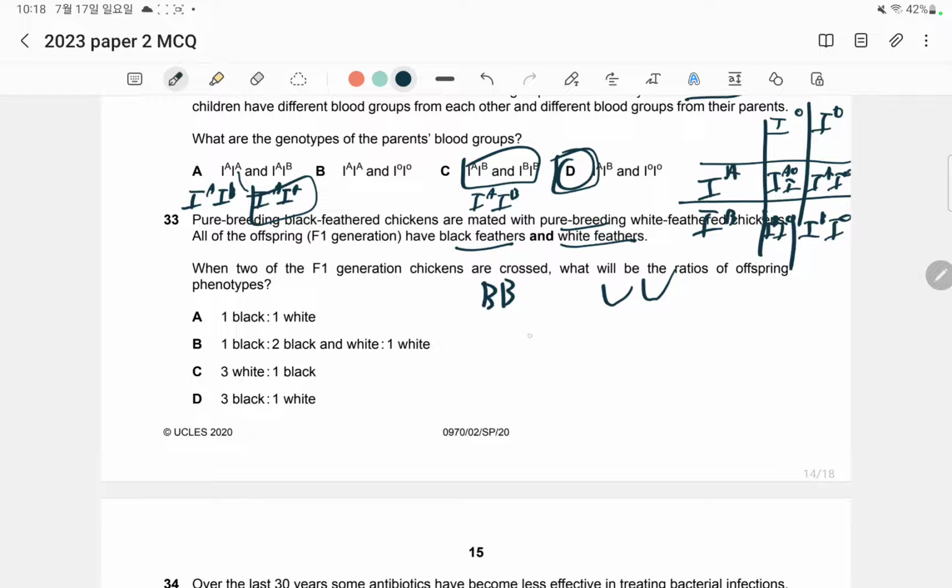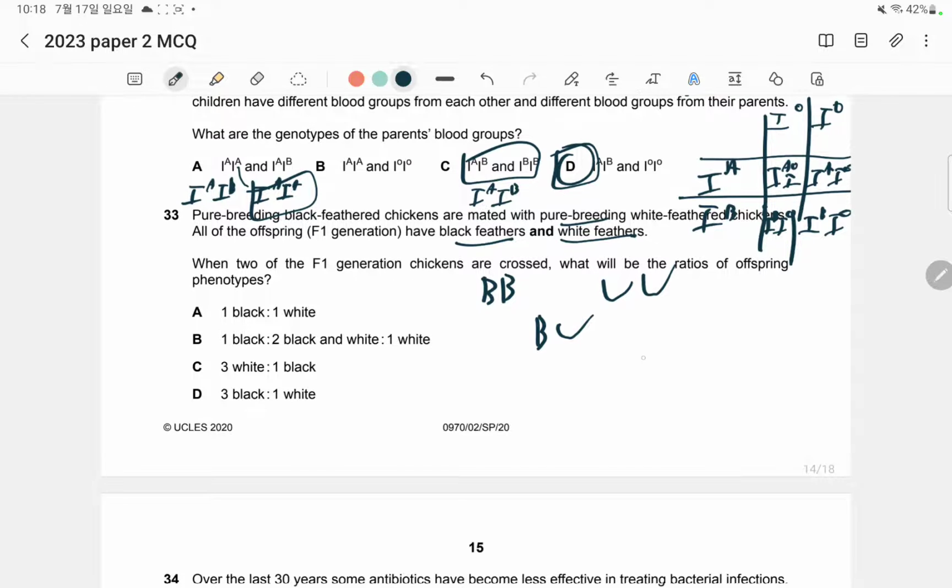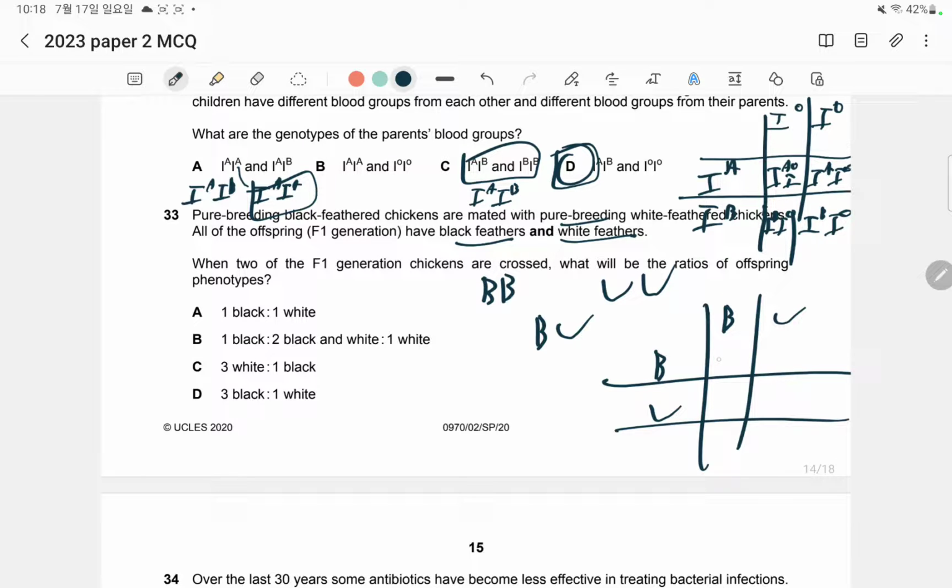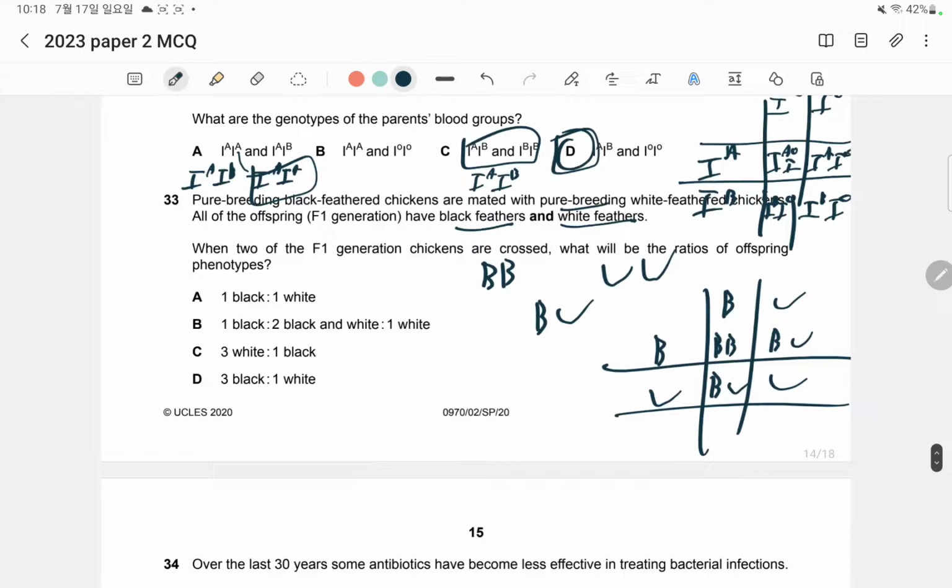So the F1 generation chickens would be expressed as BW, and if these two F1 generation chickens were to have offspring together, it would be BB, BW, BW, and WW. So the correct answer would be B, because we have one black and one white and two black and whites.